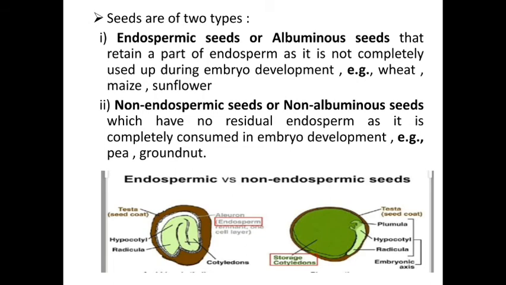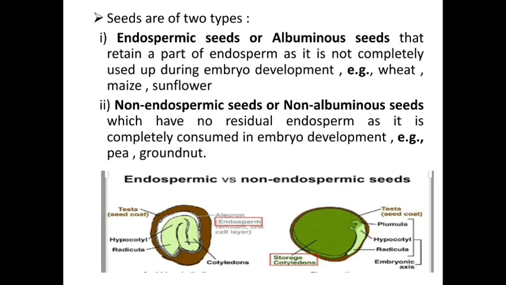Another type of seeds are non-endospermic seeds or non-albuminous seeds, which have no residual endosperm as it is completely consumed in embryo development. For example, pea and groundnut. In the second diagram, you may see non-endospermic seeds. In a non-endospermic seed, you may see the storage cotyledon.